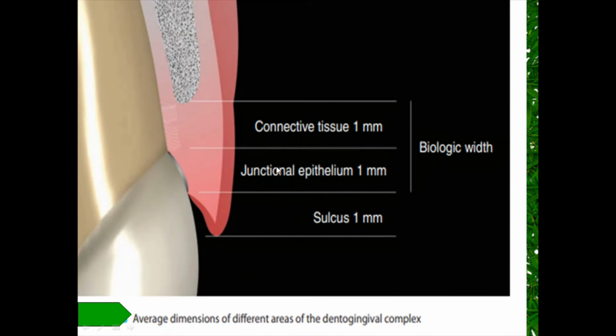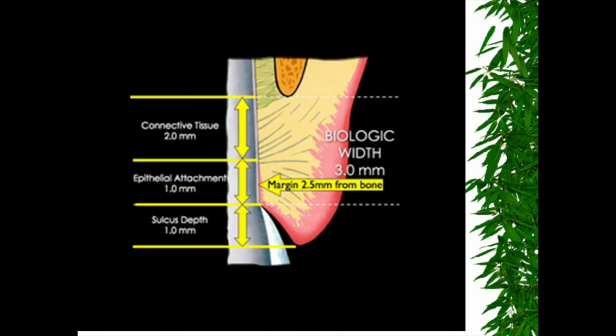The clinician should have an idea of the dento-gingival complex position in the teeth to be intervened in, so that the aesthetic and restorative procedures can have a predictable outcome. The clinician should have adequate knowledge of this biological width in order to have a predictable outcome of the restoration or any aesthetic procedure.